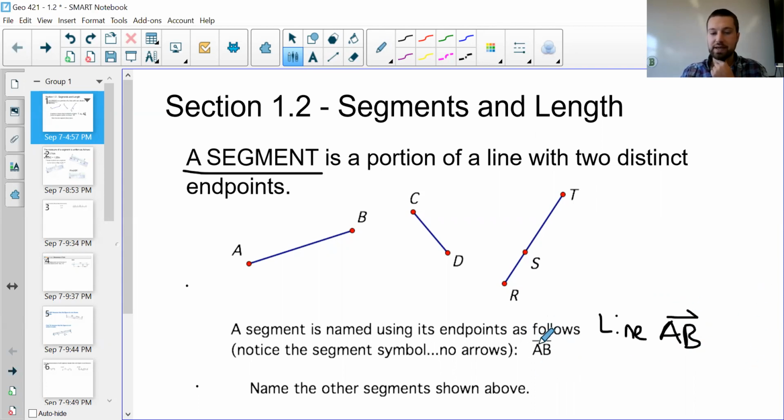You can see this AB has no arrow, so that would be naming line segment AB. Normally, people like to go in alphabetical order, just to help us all be on the same page. So for this segment, we would call this one CD, with a little line above it.